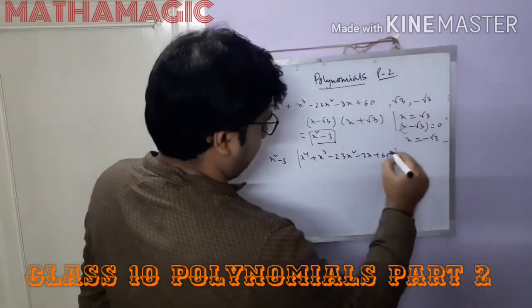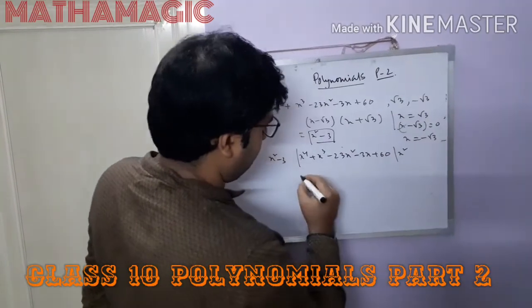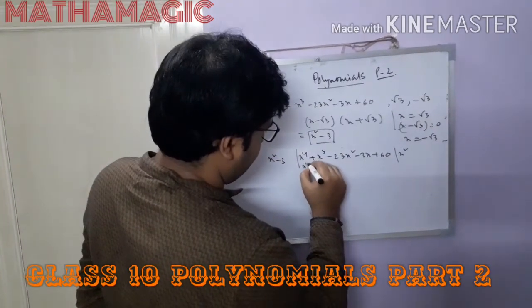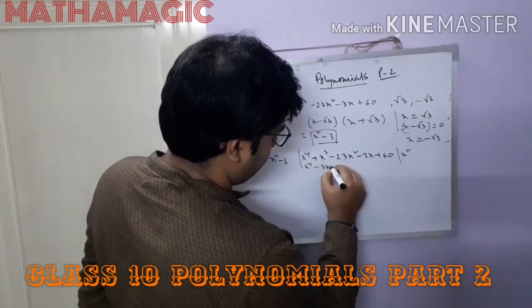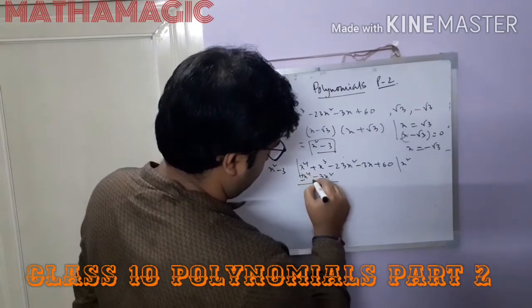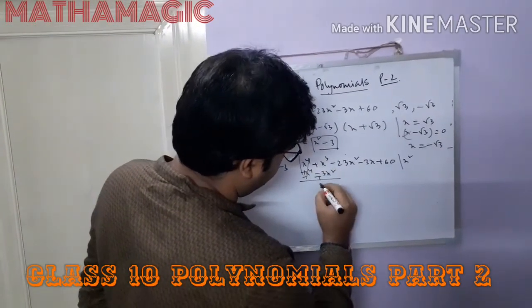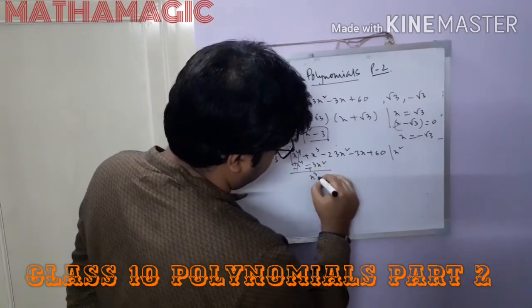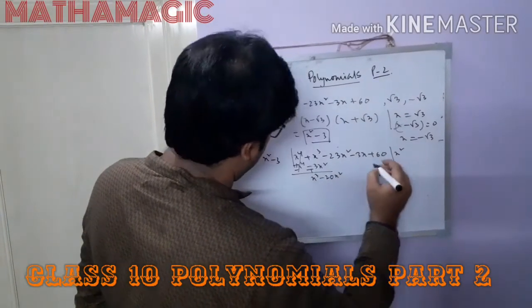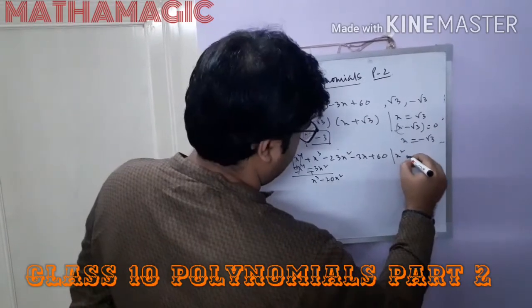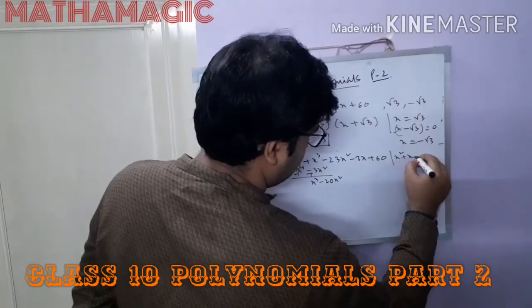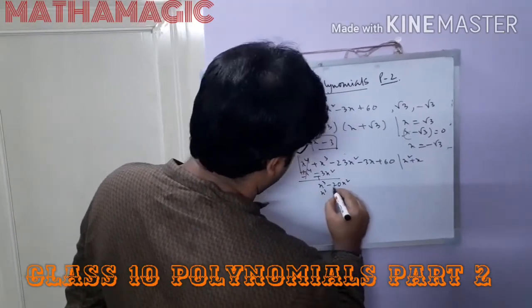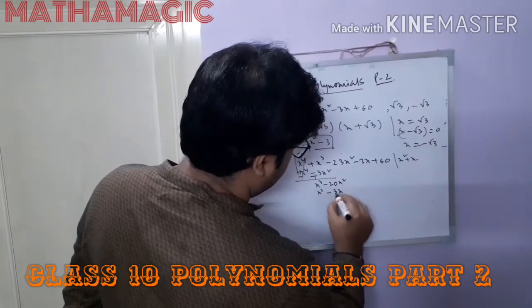So we'll just do x square. If we put x to the power 4 minus 3x square, then x to the power 4 gets cancelled. So x cube plus 3x square minus 23, so it will be x cube minus 20x square. Now we'll put plus x, so it is becoming x cube minus 3x.